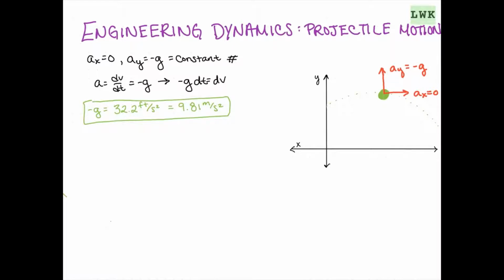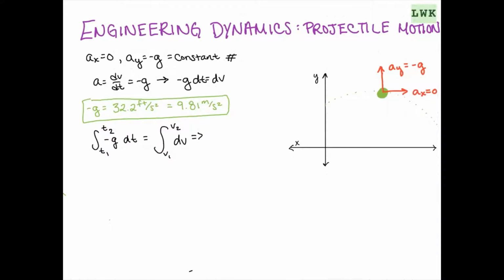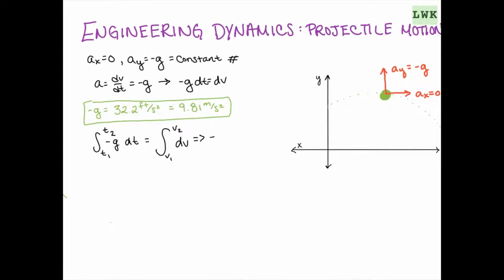So we can now take the integral of our expression here, negative g dt, from t1 to t2, and that's going to equal the integral of dv from v1 to v2. Now, simplifying this is going to give us negative g times (t2 minus t1) equals v2 minus v1.